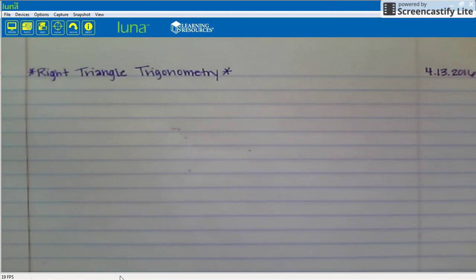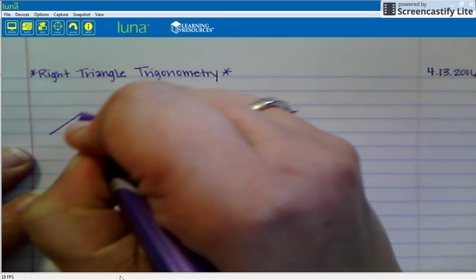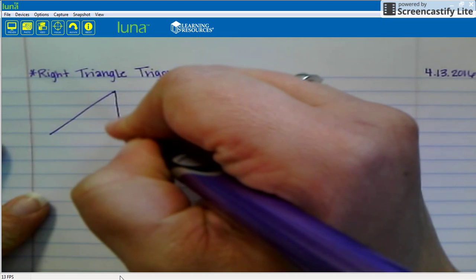With right triangle trigonometry, everything relies on you operating off of a right triangle.